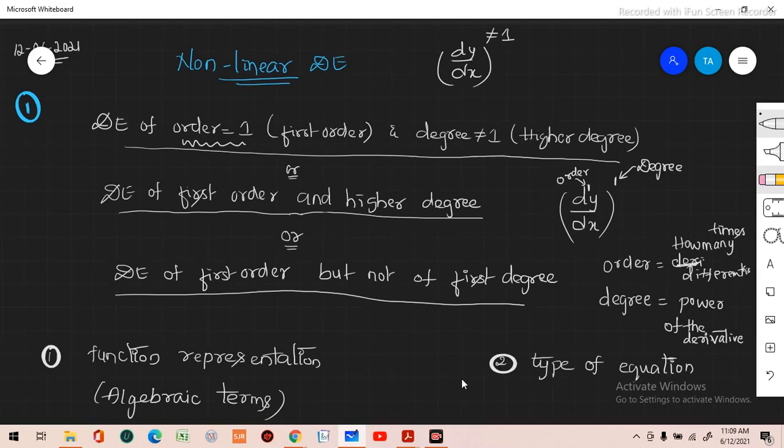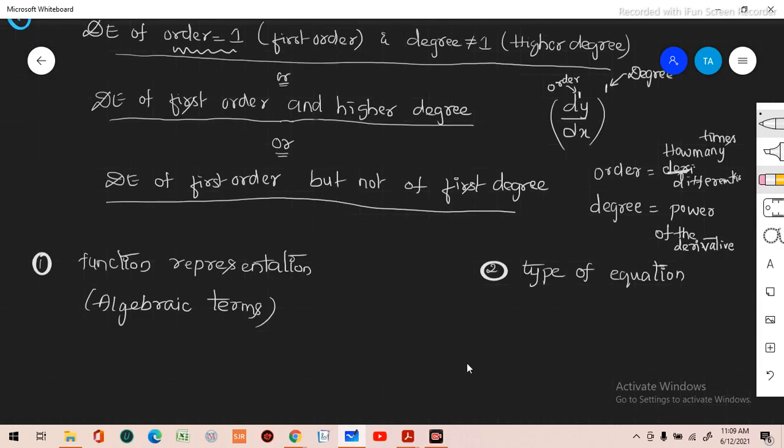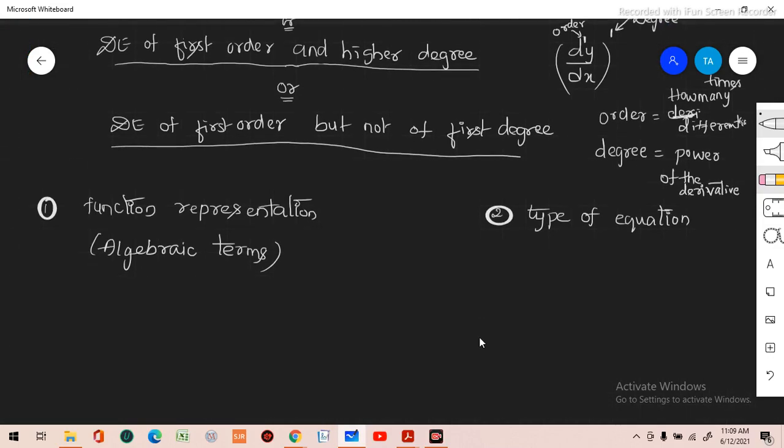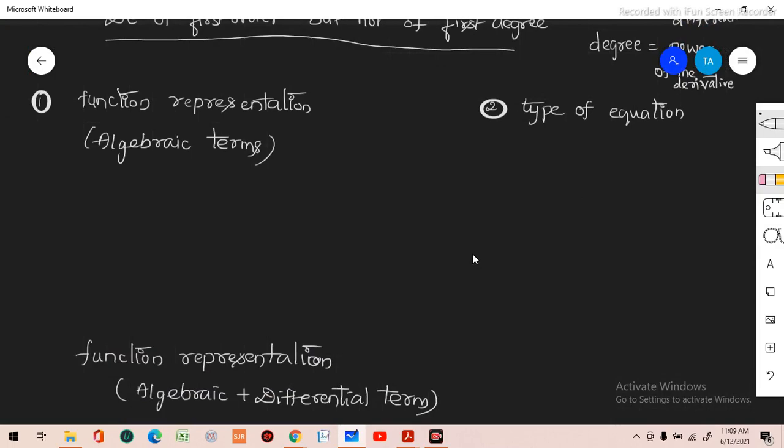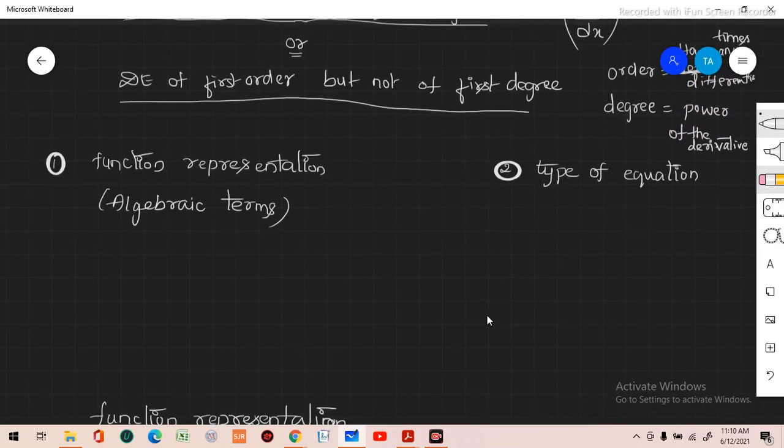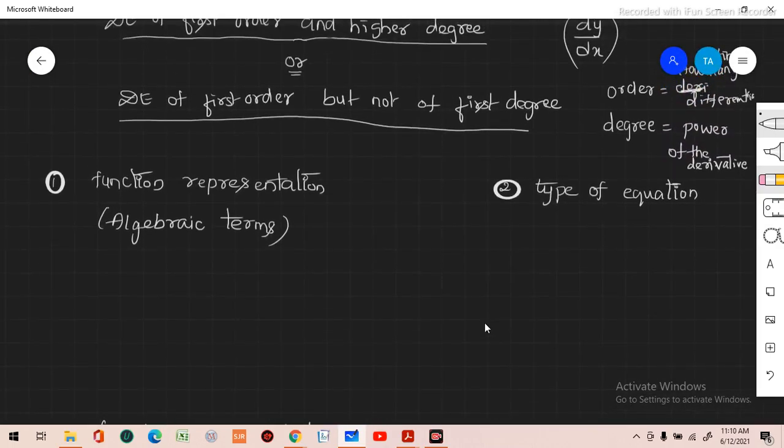Yes, sir. So before we go into the depth of that, I want to give some basics which we really require for our next move. The first one is function representation. Do we all know how we represent a function?